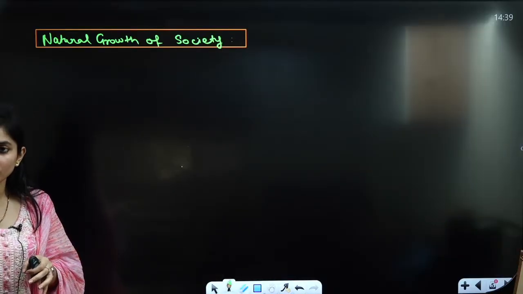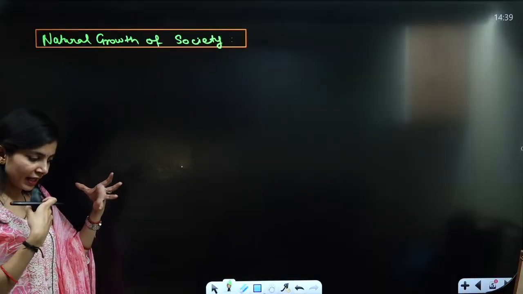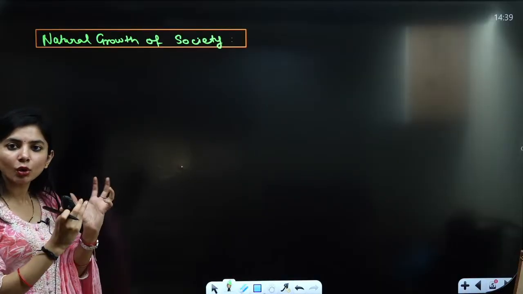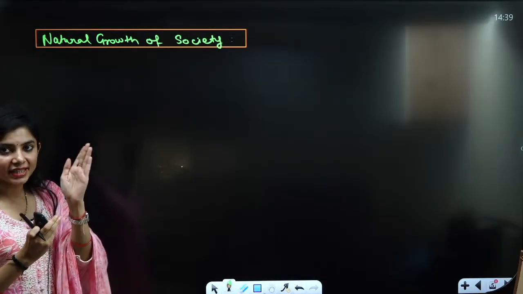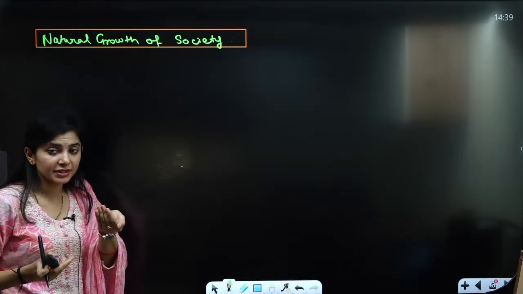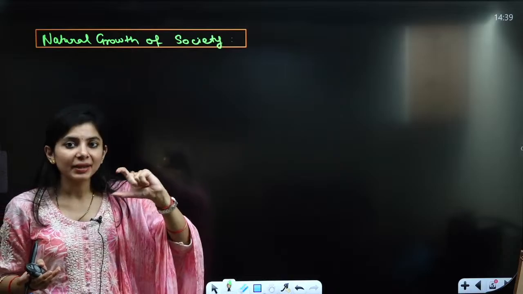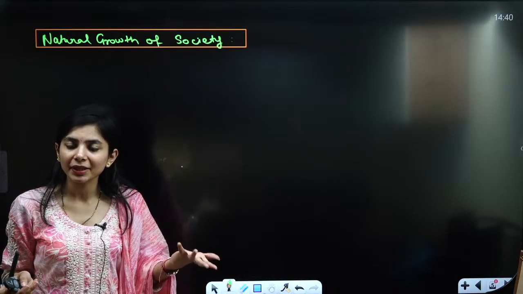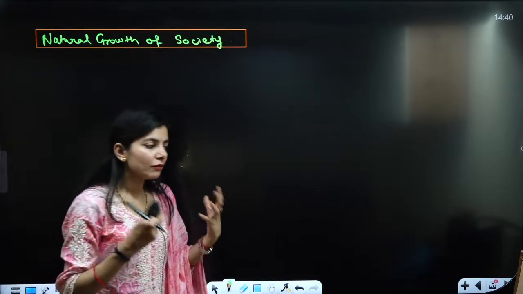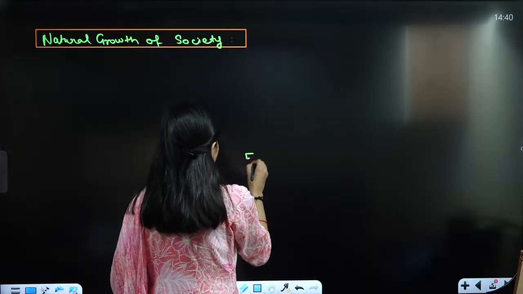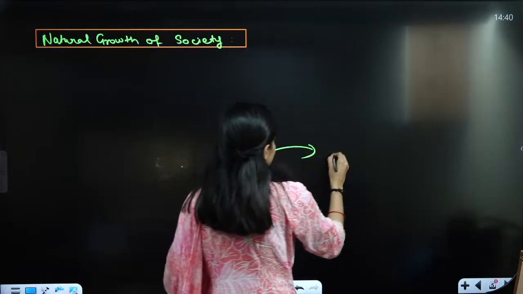This natural growth is noticing some sort of transition from the stage of family. I mean, for the very first time, we would be considering that family is being created. Why are we creating families? Just imagine, there were 5 persons on one island.